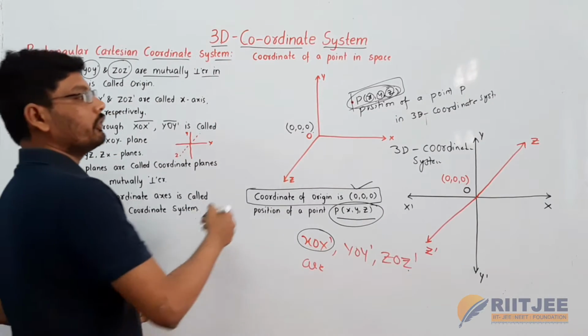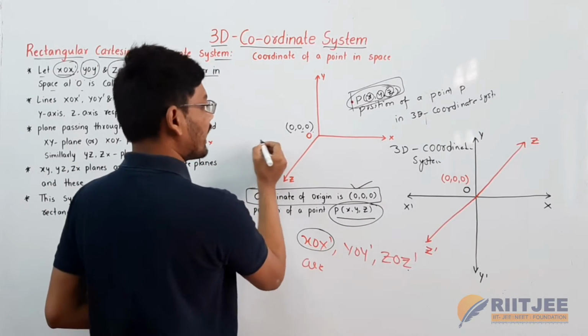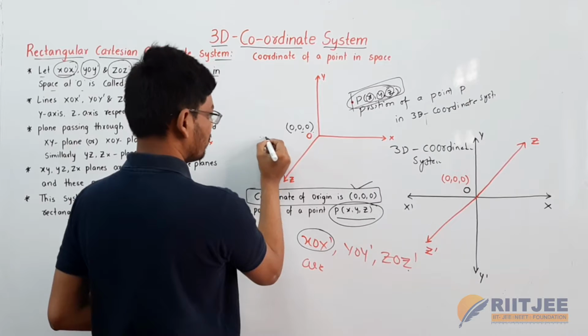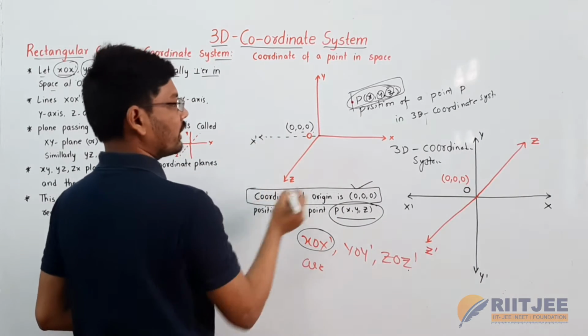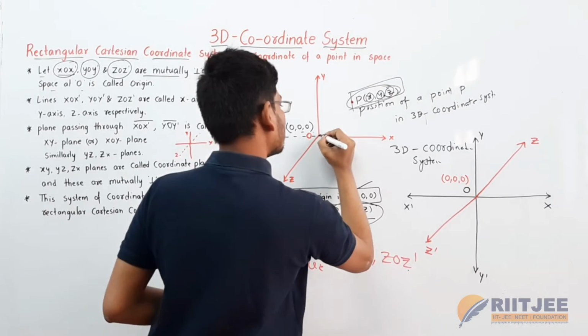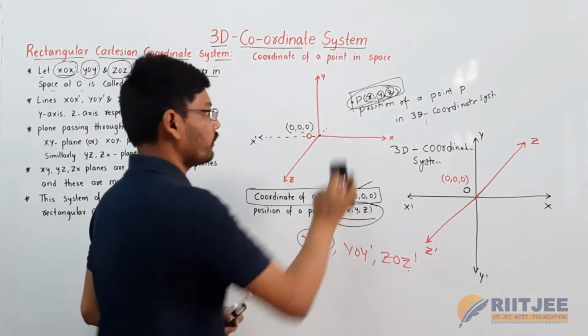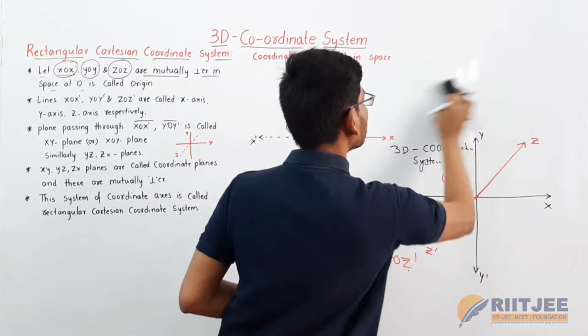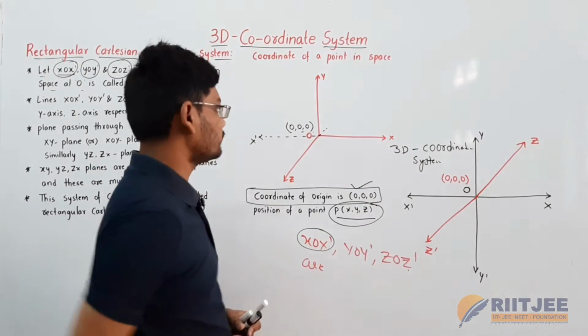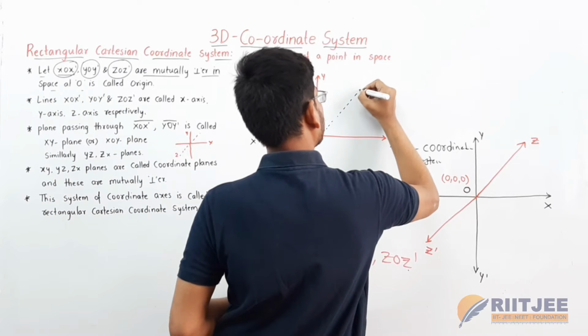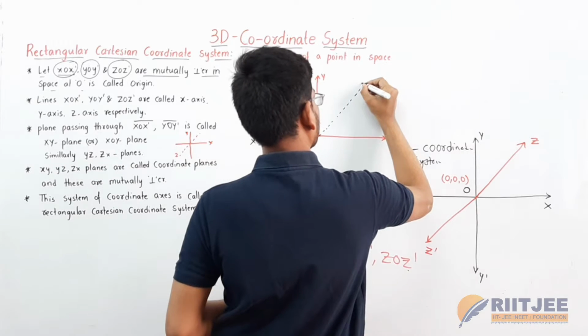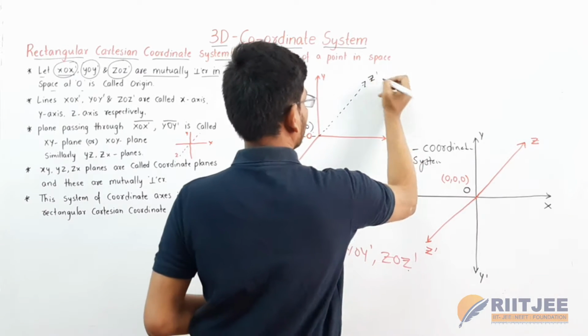And now if you extend it like this, what will happen? This is x dash, and if you erase this one, this is z dash.